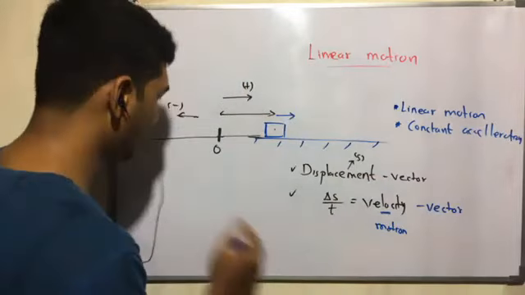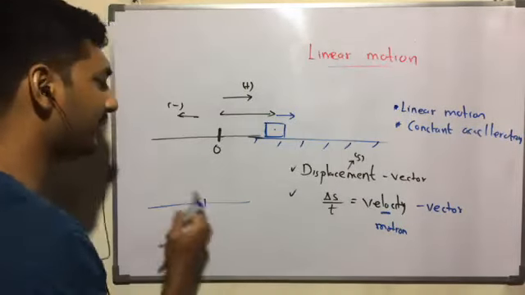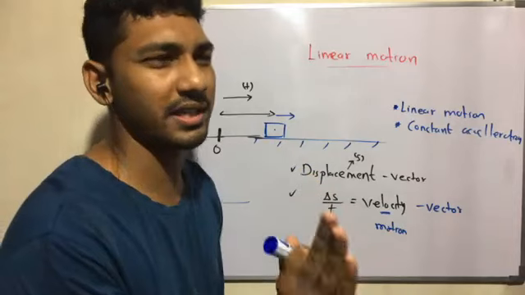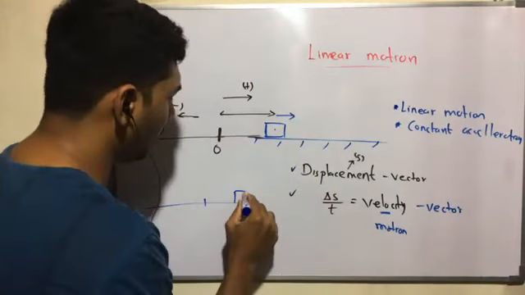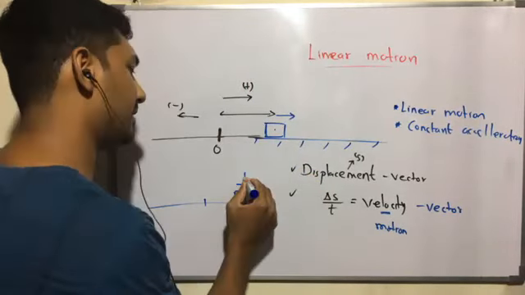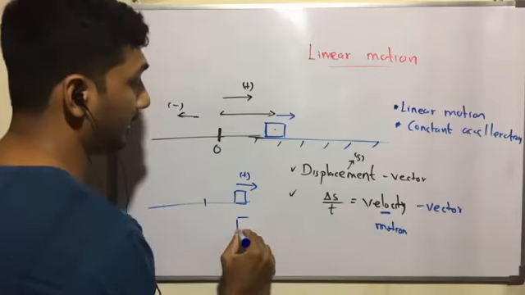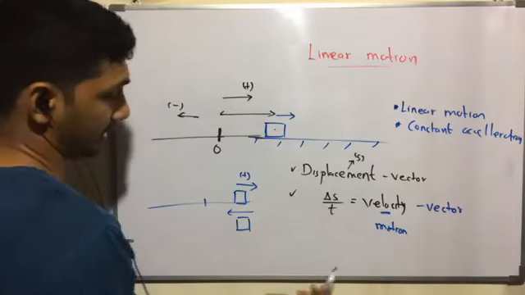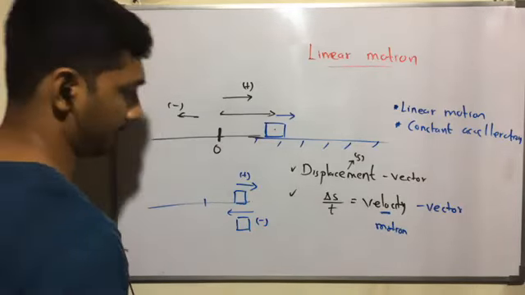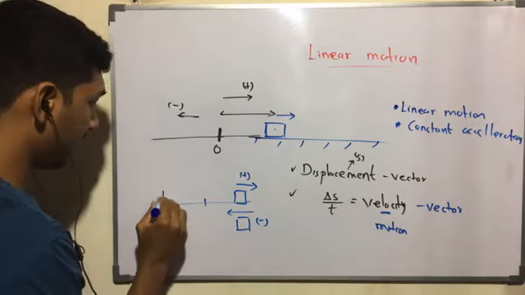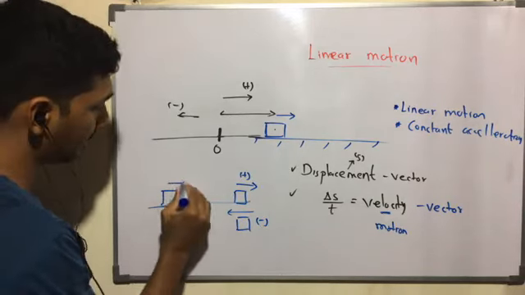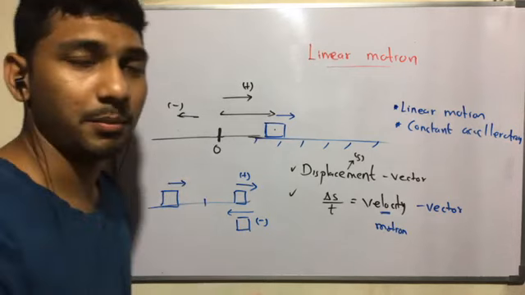For example, here this is O. Here we don't consider any point. If it is moving in this direction, we say it is positive. If the object is moving in this direction, we will say it's negative. In this side, if it is moving in this direction, is it positive or negative?